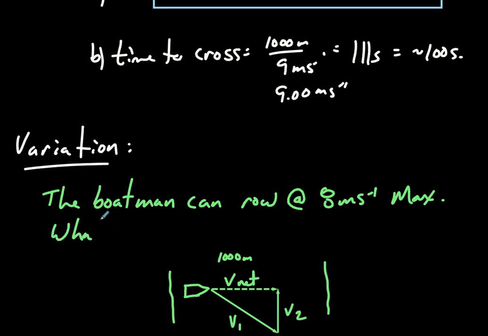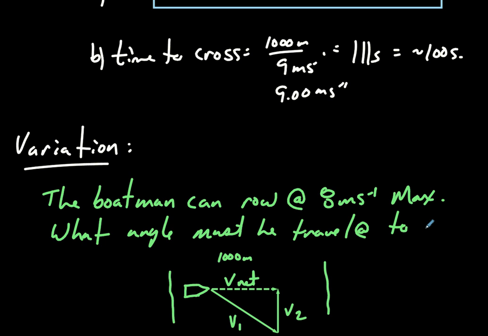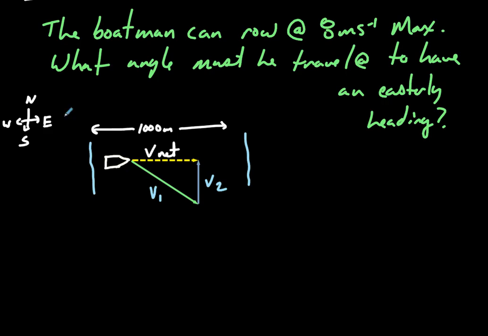What angle must he travel at to have an easterly heading? Okay, so why is this different?